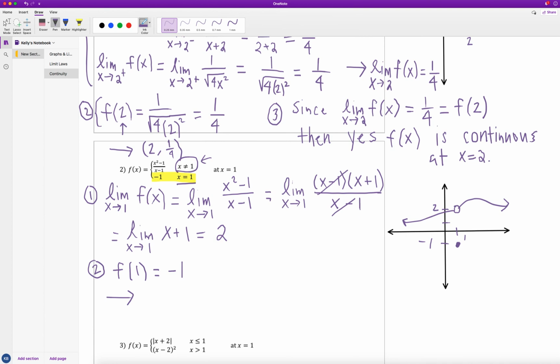And so to explain that, we would say since the limit as x approaches 1 of f of x equaled, in this case, 2, which does not equal, since 2 does not equal negative 1, and that was equal to f of 1, then this function f of x is discontinuous at x equals 1.